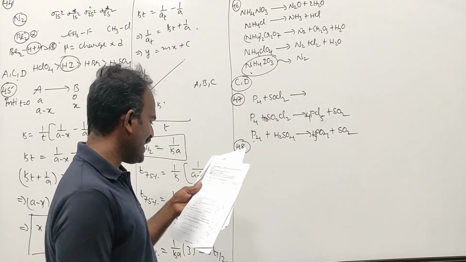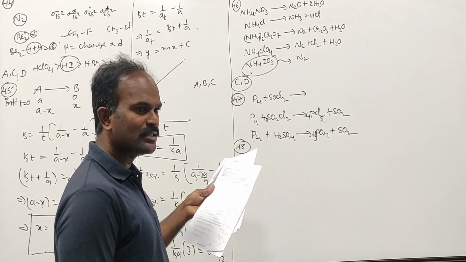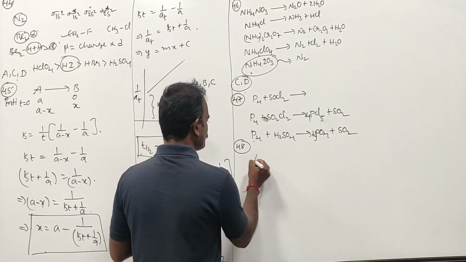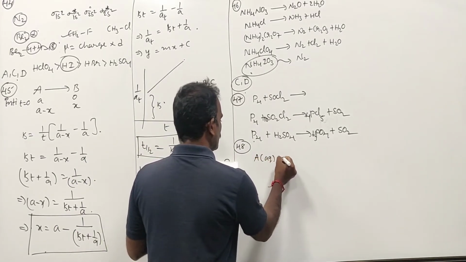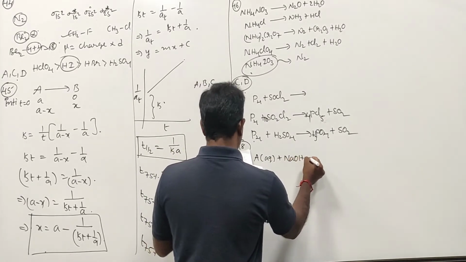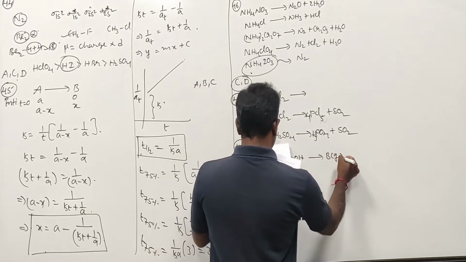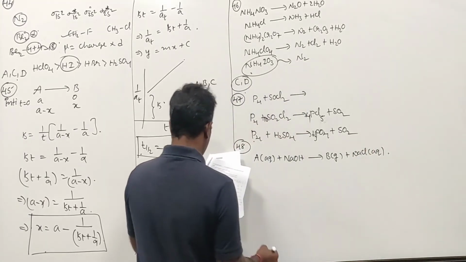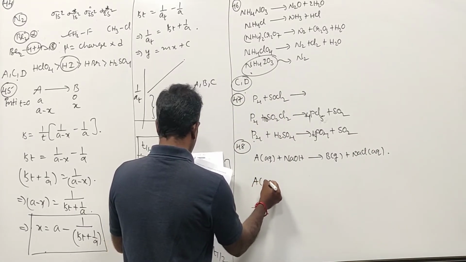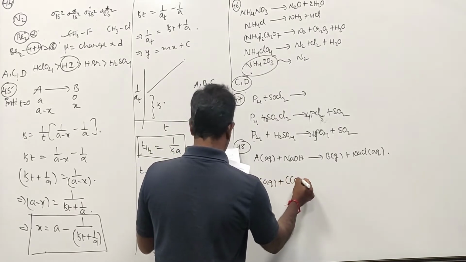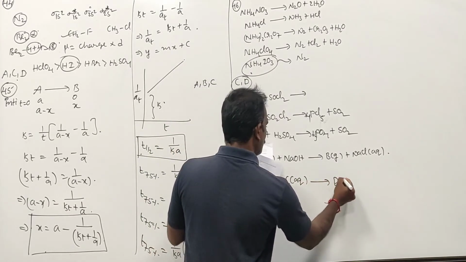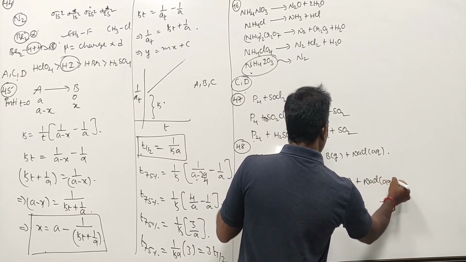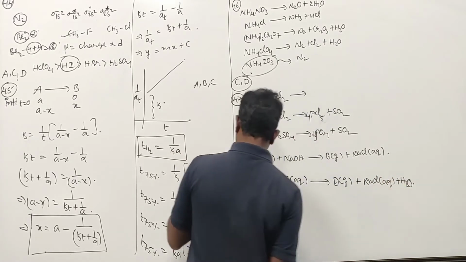Question number 48. A aqueous plus NaOH, sodium hydroxide, gives B gas plus NaCl aqueous. A aqueous plus C aqueous gives rise to D gas plus NaCl aqueous plus H2O.